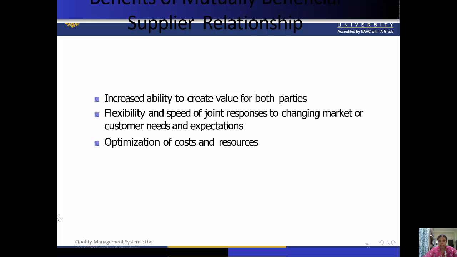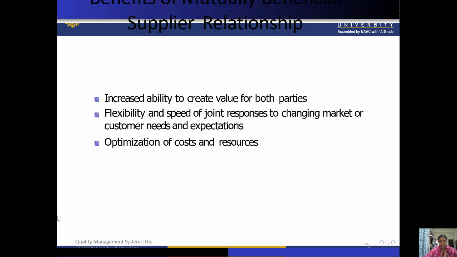Now, flexibility and speed of joint responses to change in the market and customers' needs and expectations. Similarly, optimization of cost and resources should be there. Okay, so these are some benefits of this mutual supplier relationship.